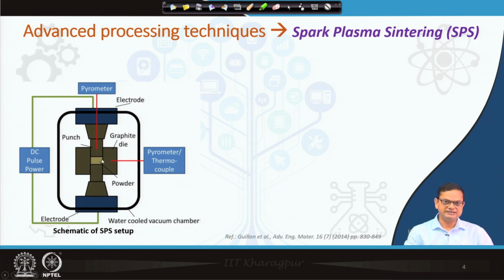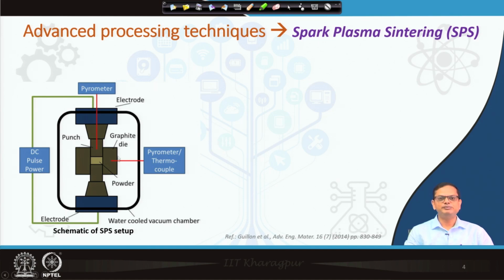The powder is directly loaded in the die, and then there is a uniaxial press, as you can see here, which applies a very high load. During application of load, there is also a DC pulse generator, which applies a pulsed DC bias voltage to the punch sets in the die.